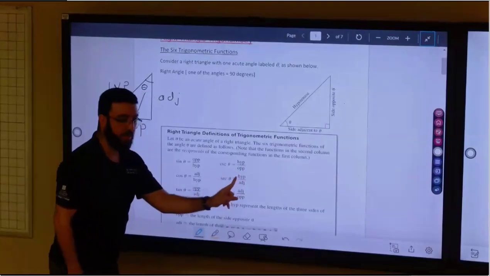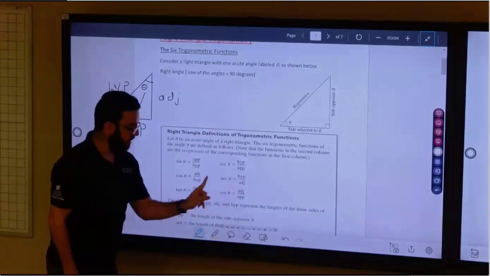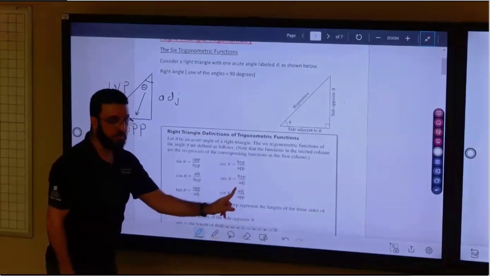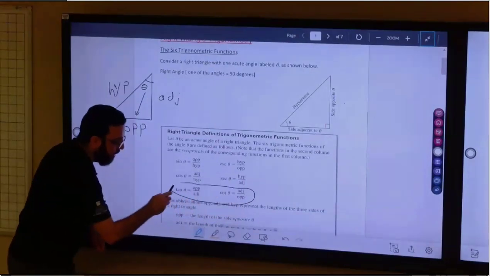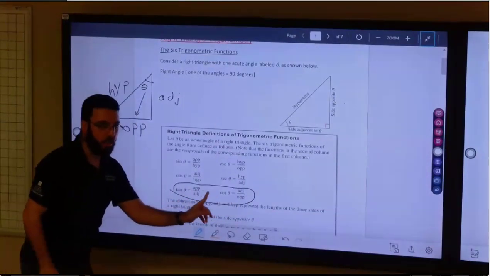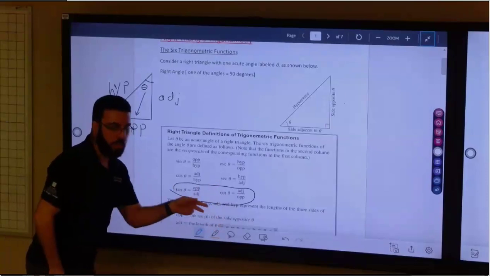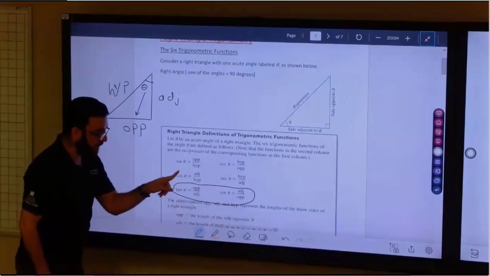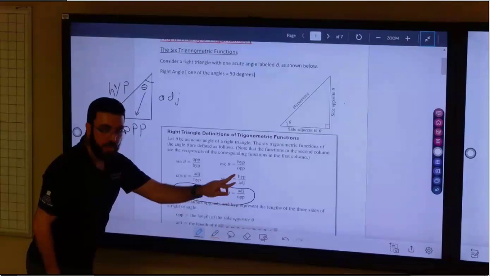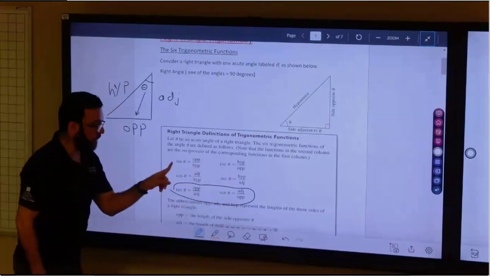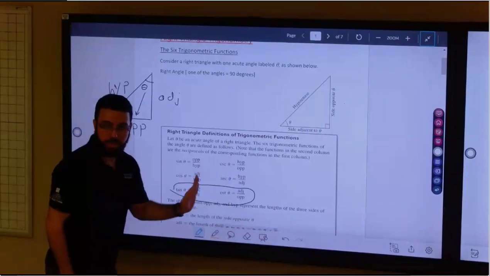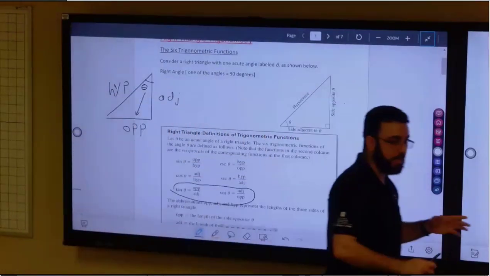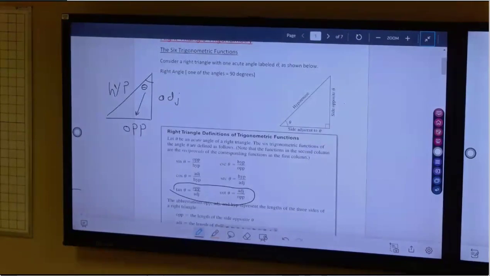Secant is hypotenuse by adjacent. Cotangent is adjacent over opposite. Just check: if you know the tangent, the cotangent is the opposite. If you know the cosecant, check the secant, it's the opposite. If you know the sine, the cosecant is the opposite. Is that clear? That's what we're going to do in the next example.